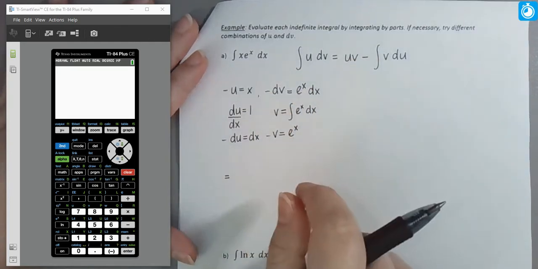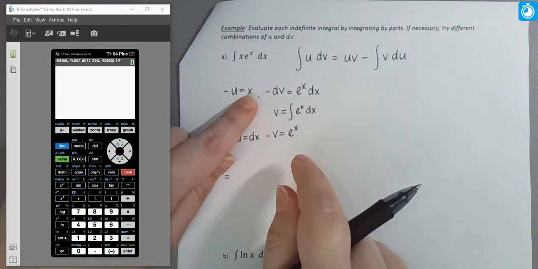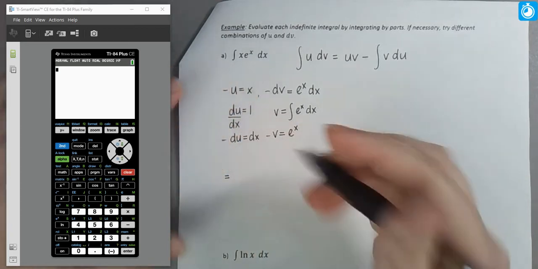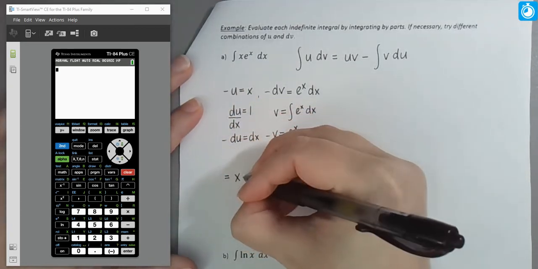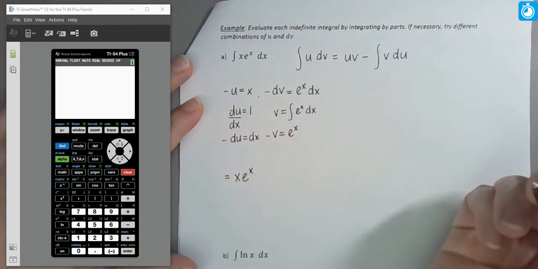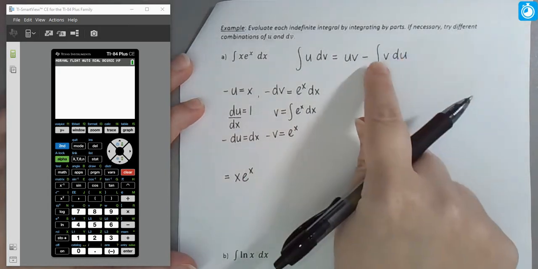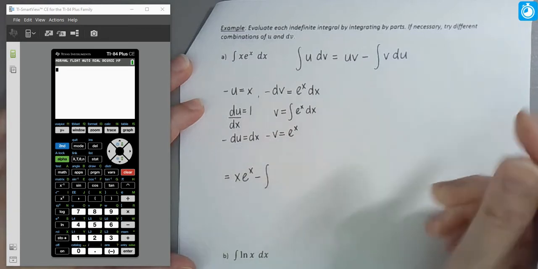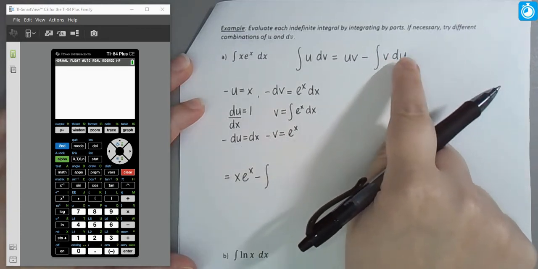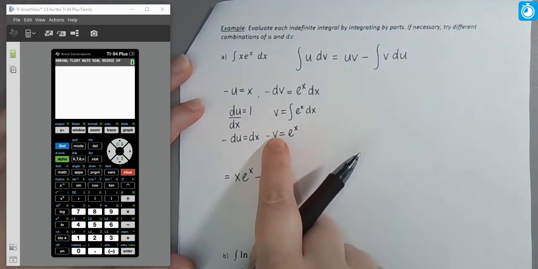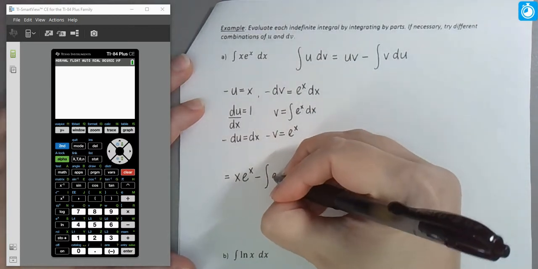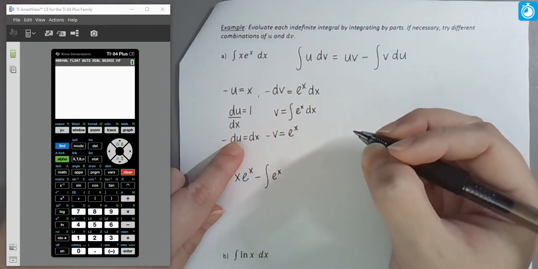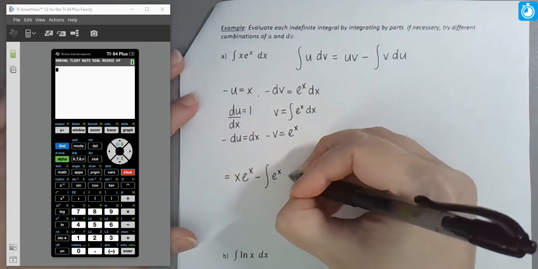Here our u is x, and v is e to the x. So it would be x times e to the x, minus the antiderivative of v du. Well, v is e to the x, and du now is just dx.